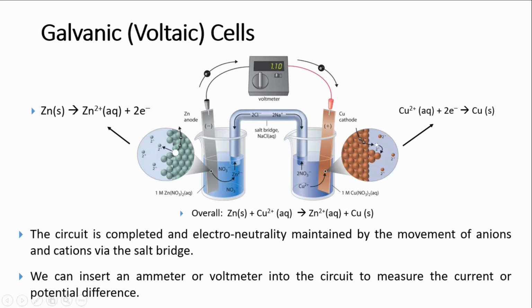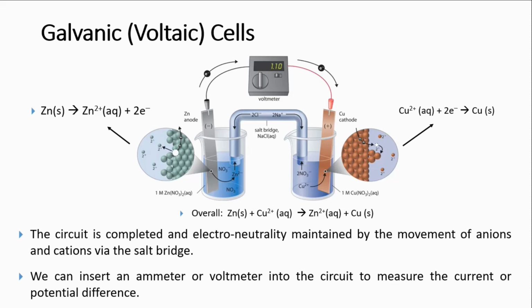Then at the zinc electrode, you have zinc atoms going into solution, leaving behind 2 electrons per zinc atom. So every zinc atom that goes into solution will leave behind 2 electrons inside the zinc metal. This will cause a buildup of negative charge inside the zinc metal. Those same 2 electrons will travel around an external circuit.